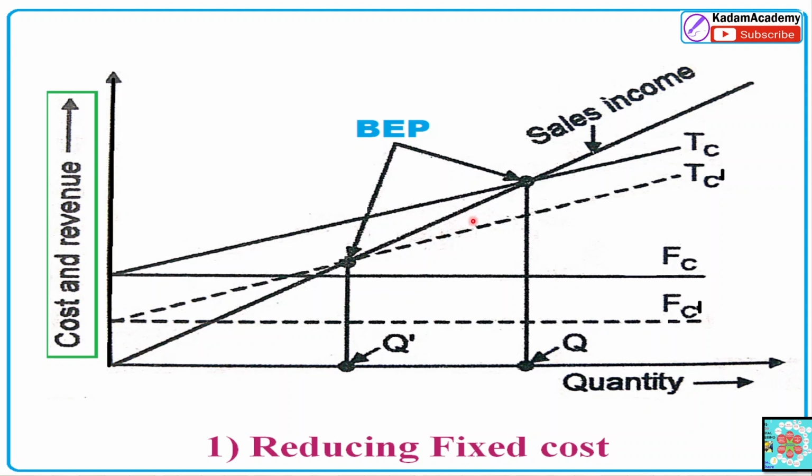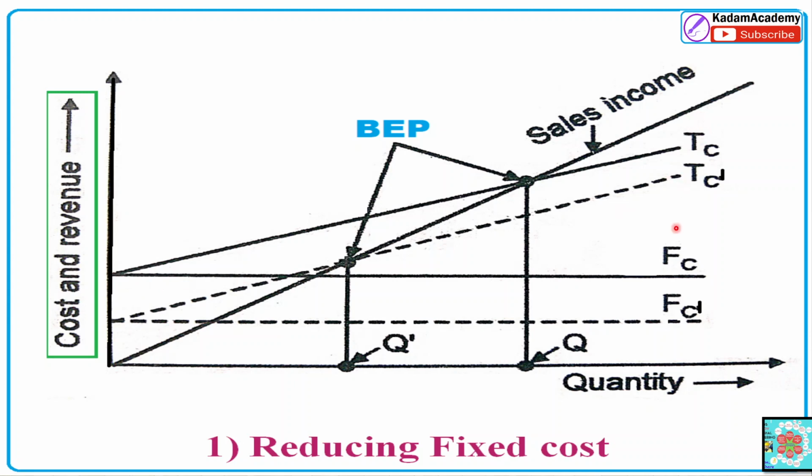The BEP is shifted from this point to this point, and the angle of incidence is increased. Automatically, reducing the fixed cost means we get the break-even point with less quantity, with less cost of income. Automatically it will increase the profit.